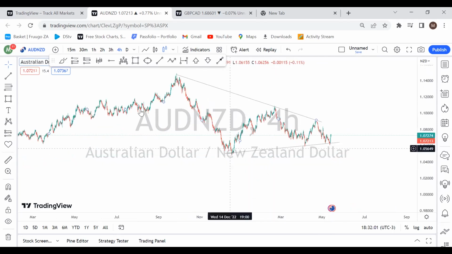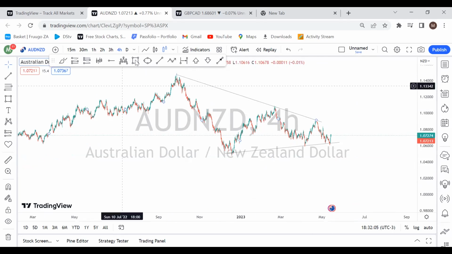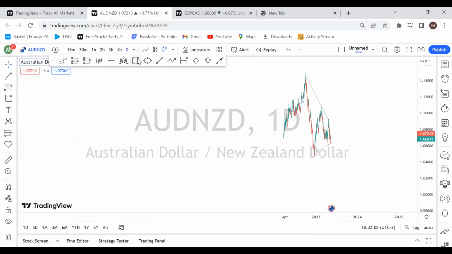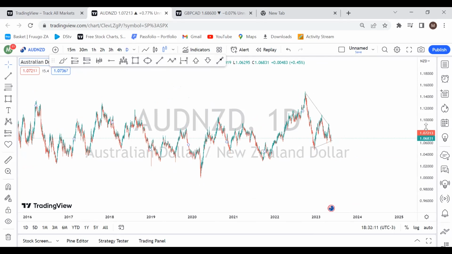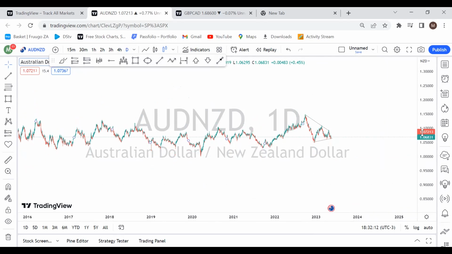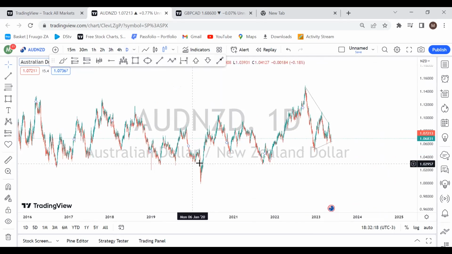So you can't really tell whether this is a descending structure or ascending structure. If you really wanted to confirm, you can just scale up to the daily and see what's happening.